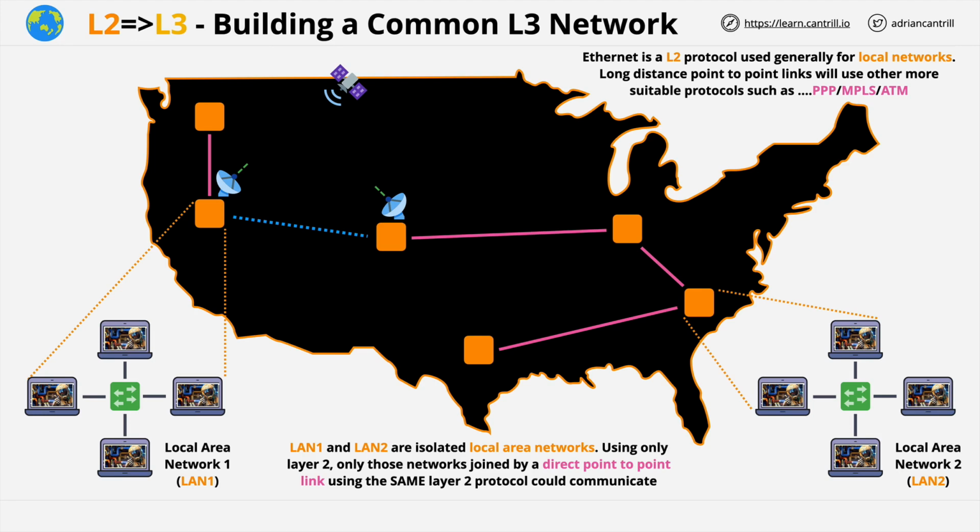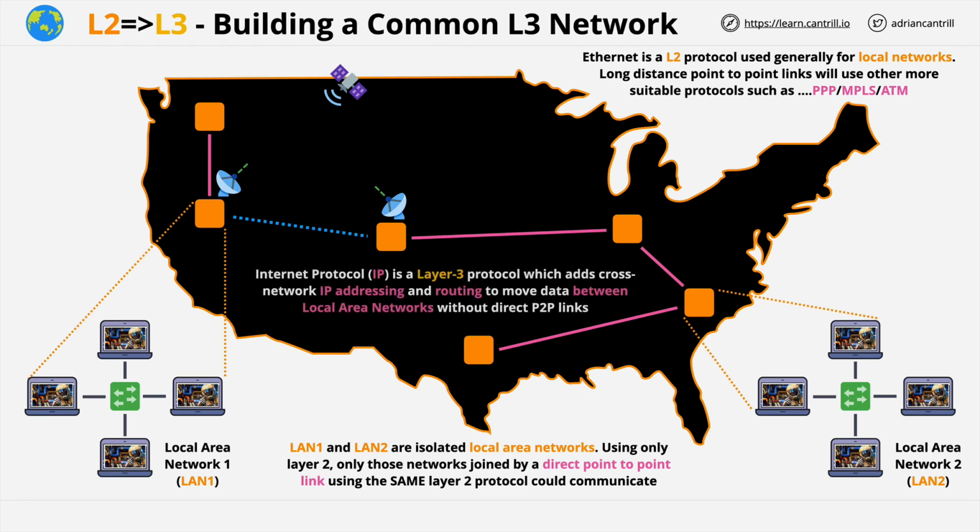Layer 3 is this common protocol which can span multiple different layer 2 networks. Now layer 3 or the network layer can be added onto one or more layer 2 networks, and it adds a few capabilities. It adds the internet protocol or IP.